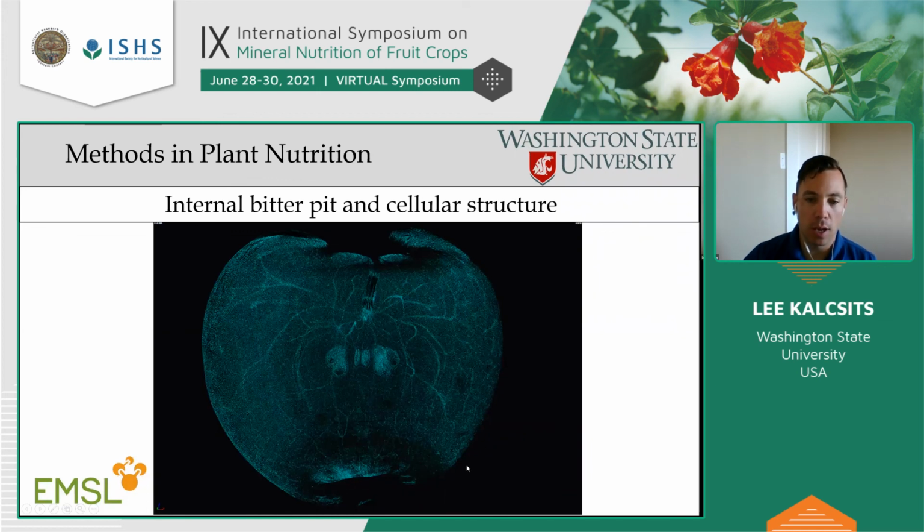So it explains why there are lower amounts of calcium on the lower end of the fruit, because calcium, being relatively immobile in the plant, cannot move to be distributed to these lower locations. And we're looking at the relationship between bitter pit and density of this vasculature in Honeycrisp fruit.